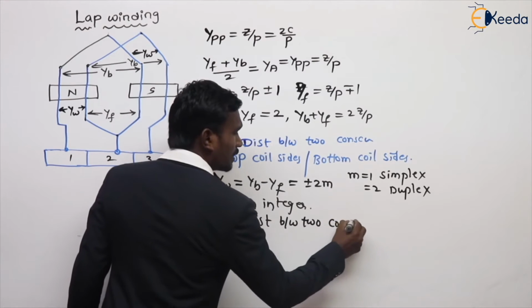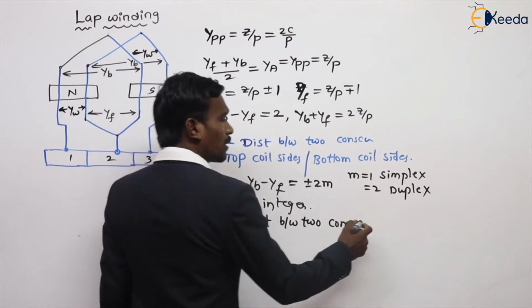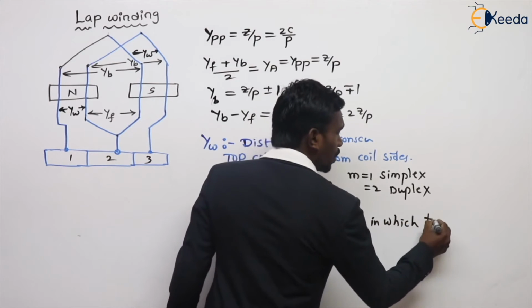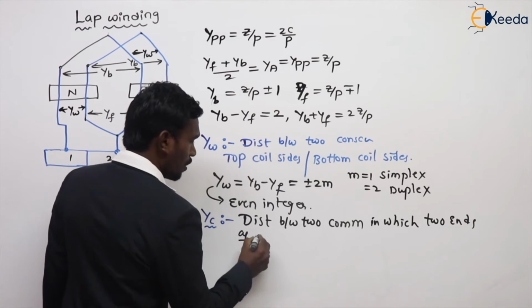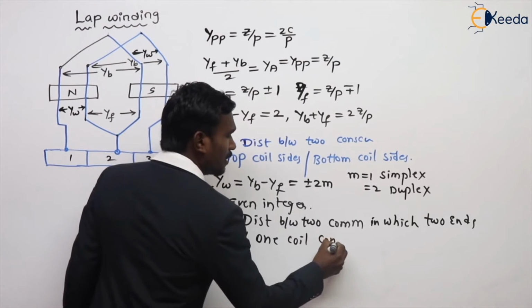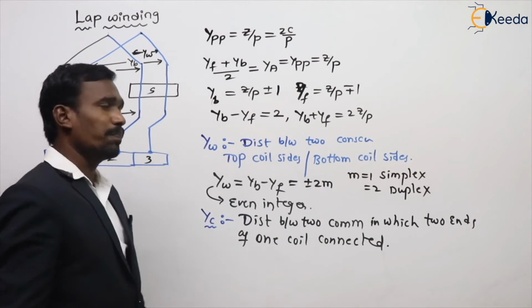What is this? This is in terms of commutators. The distance between two commutators in which two ends of one coil are connected is generally the commutator pitch.